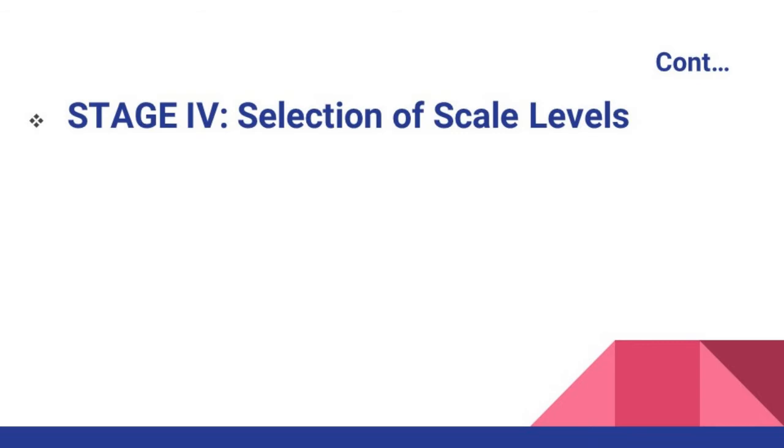So, the first task we need to do is to decide on the number of scale levels. To decide how many scale levels should be there, the decision should be based on a very simple principle.